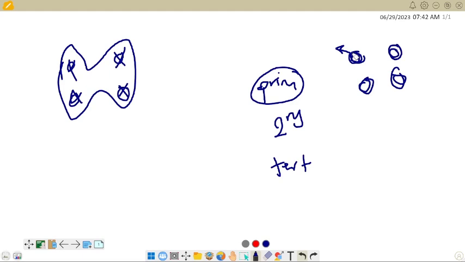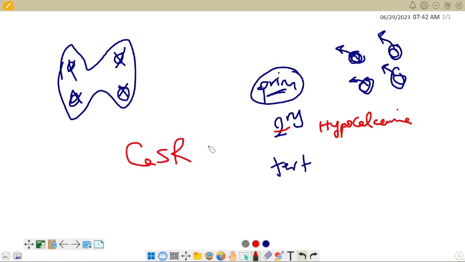It just continuously secretes parathyroid hormone without any reason. This is primary. Secondary has a reason. It's usually secondary to hypocalcemia, because that's the normal release of parathyroid hormone. When the calcium sensing receptors feel that there is low calcium, the parathyroid glands release parathyroid hormone.